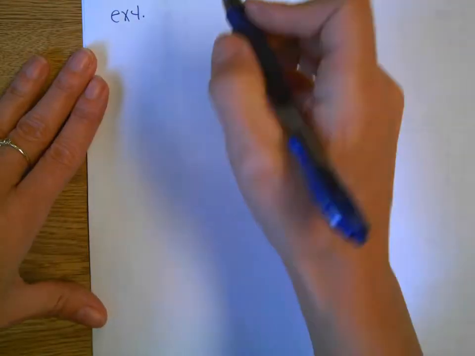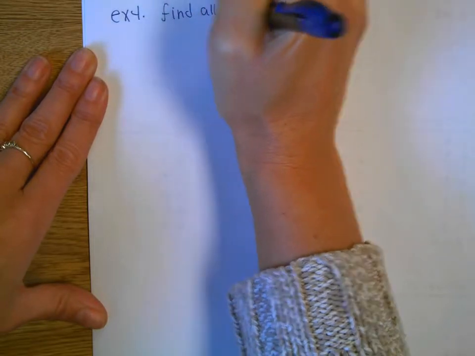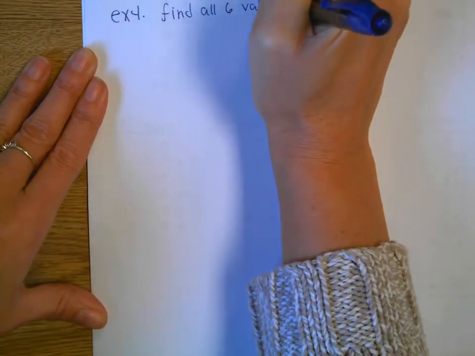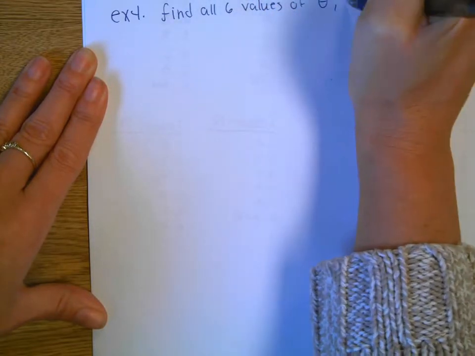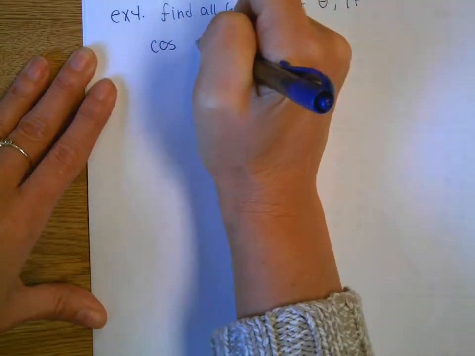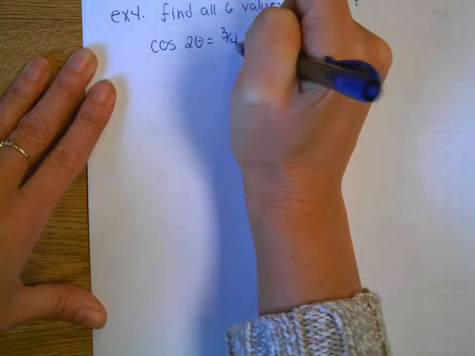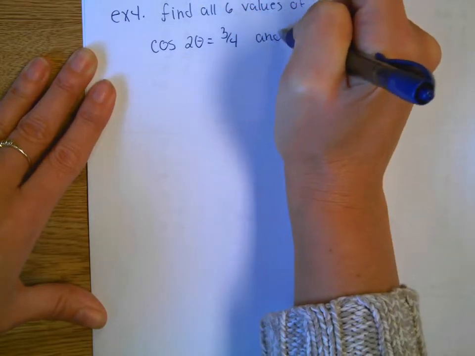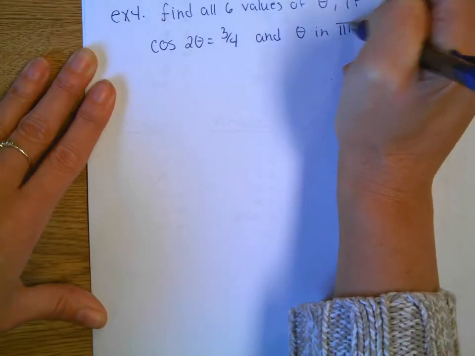So number 4, and this is it. Find all 6 values of theta if cosine of 2 theta equals 3/4 and theta is in quadrant 3.